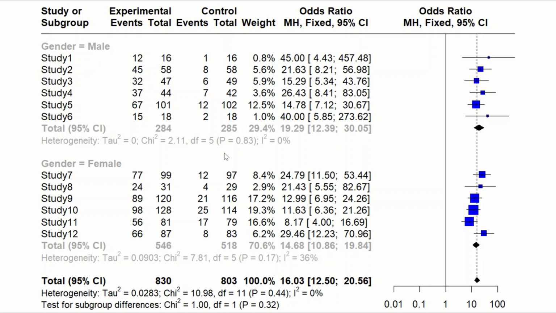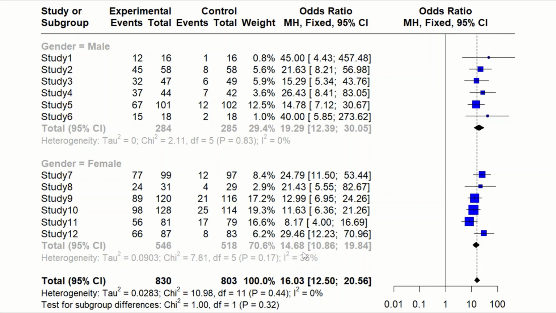The forest plot also will generate heterogeneity test, which assesses or examines the level or the degree of variability or heterogeneity between the results from those six independent studies. And an I-squared is calculated, which is equal to 0%, which shows that there is no heterogeneity, and the p-value has to be greater than 0.05.